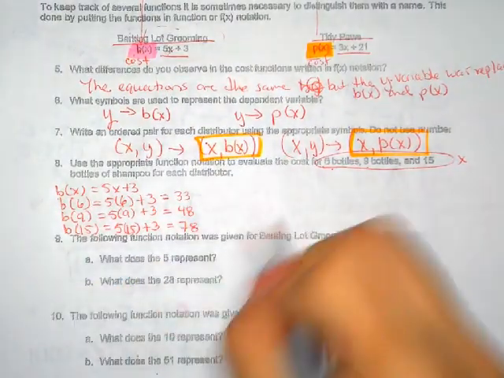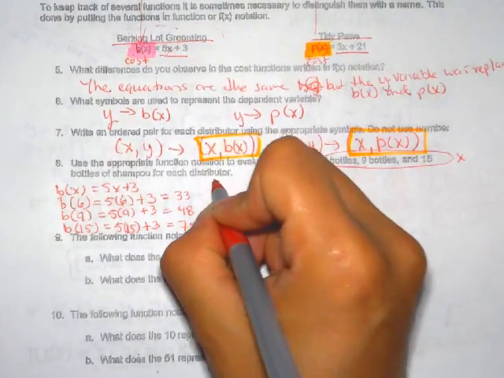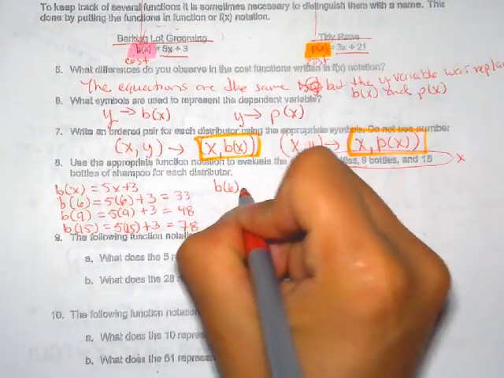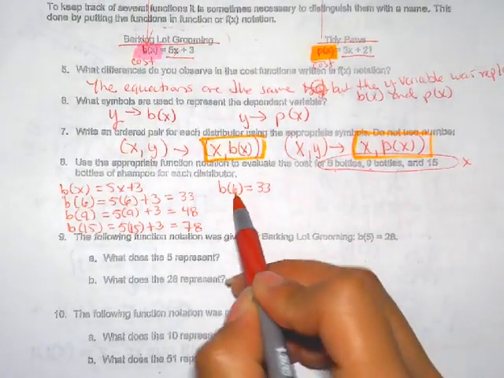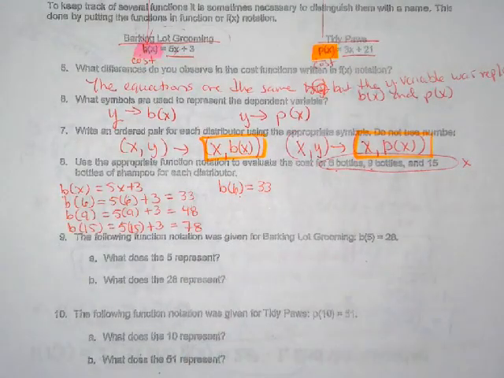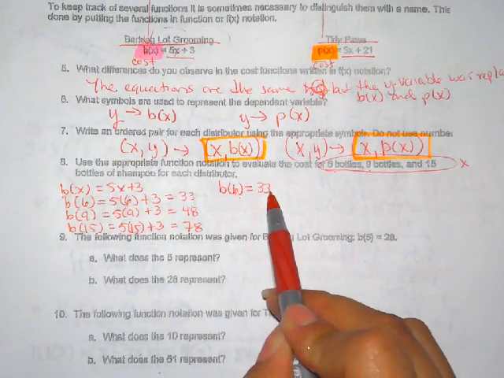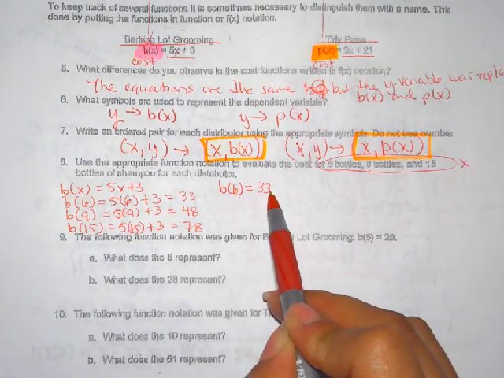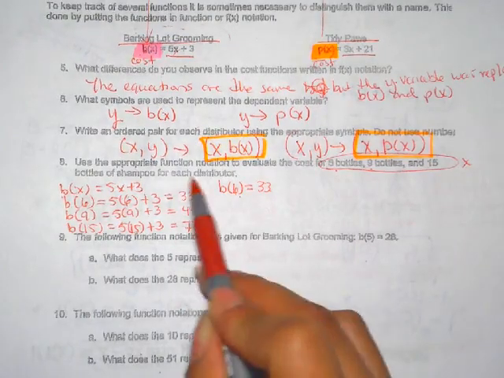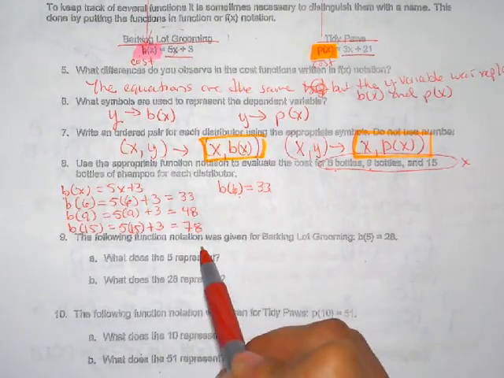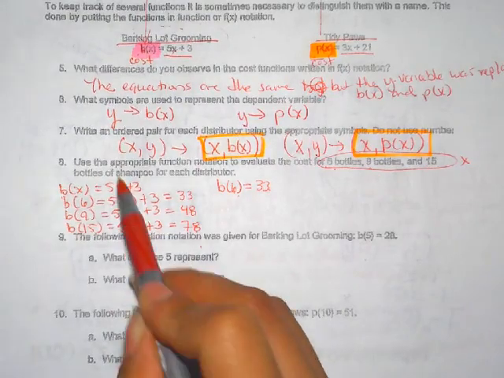So then our function notation, right, it says to write in function notation, is b of 6 equals 33. Meaning when I buy 6 bottles with Barking Lot Grooming, it's going to cost $33. Does that make sense? Our output is the dependent variable, or the y. That's the cost. And then the x is our independent, which is our shampoo.